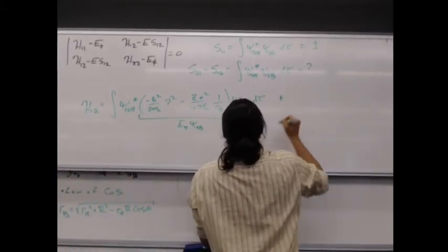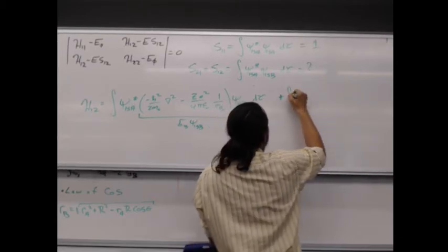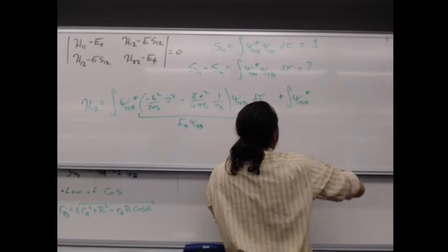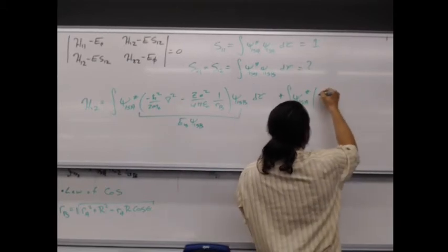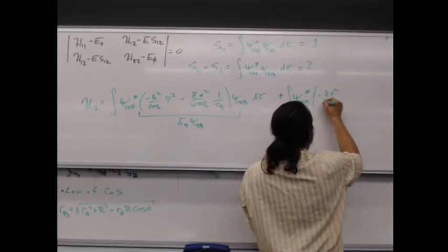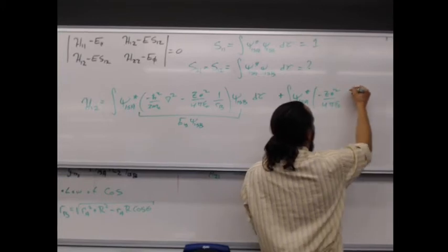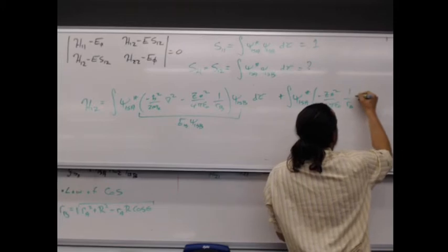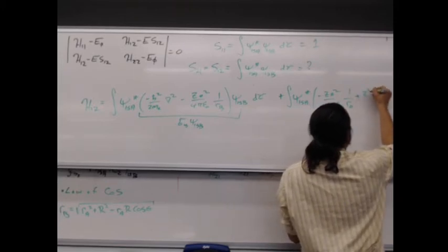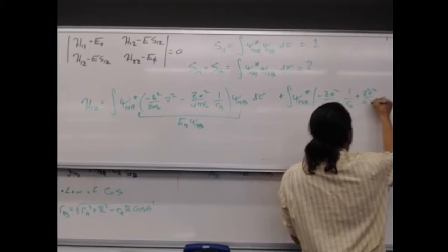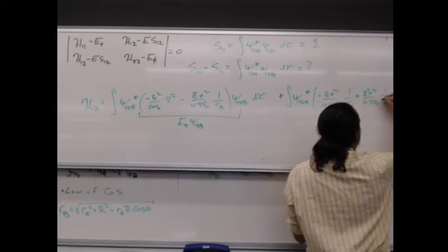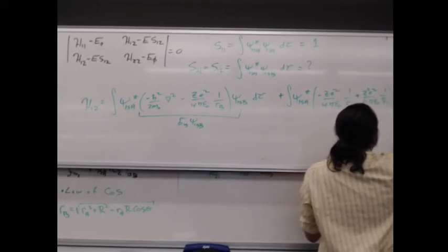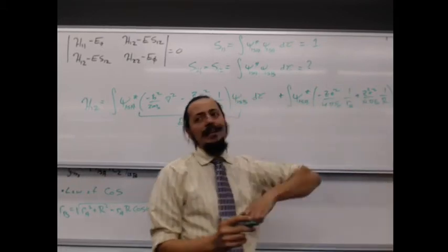And I'm also going to have this really interesting integral over here, psi 1s a star, negative ze squared over 4 pi epsilon naught 1 over ra, plus z squared e squared over 4 pi epsilon naught 1 over r, psi 1s b d tau. This one is weird.